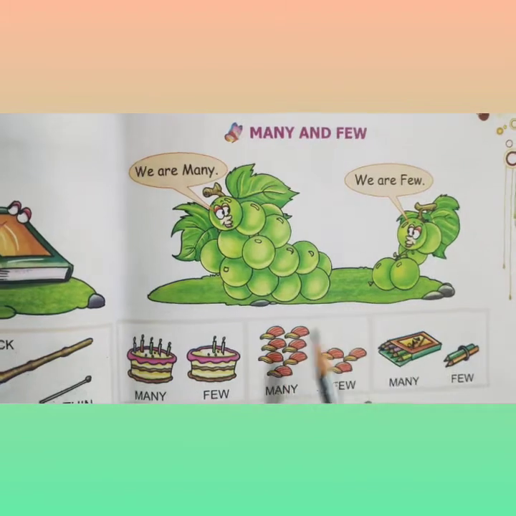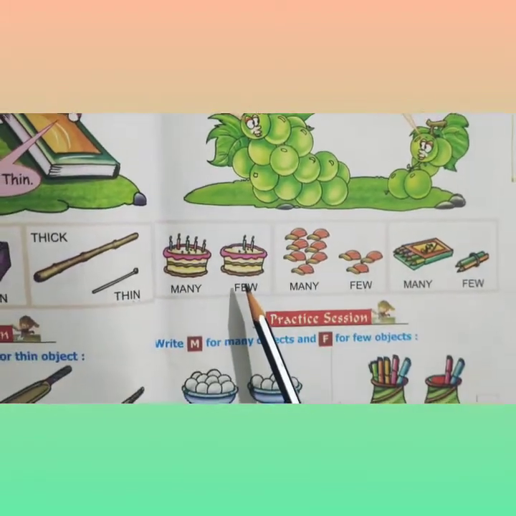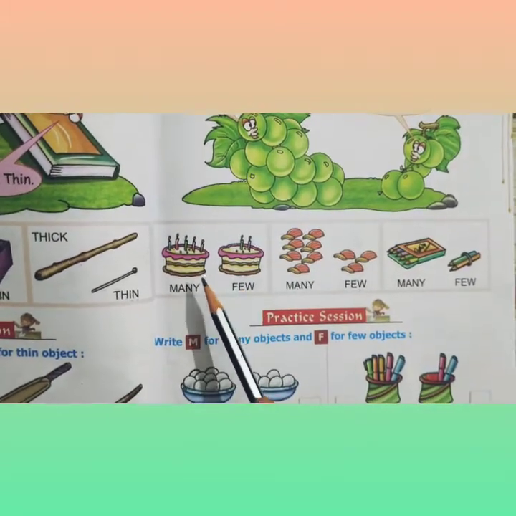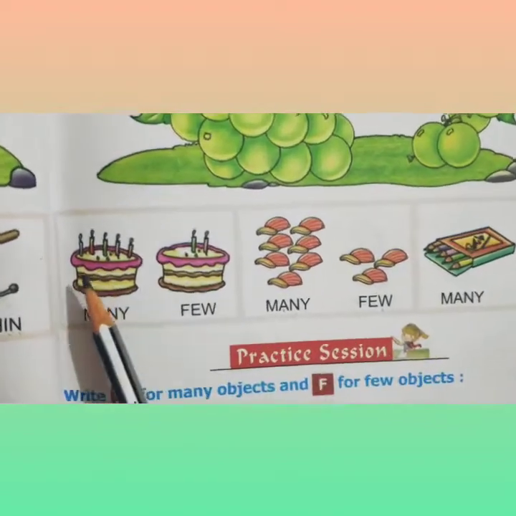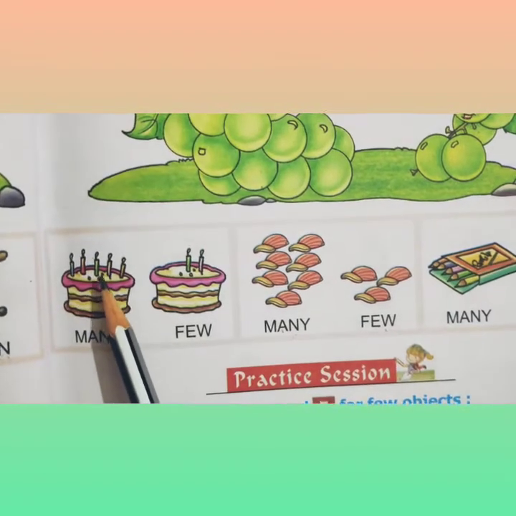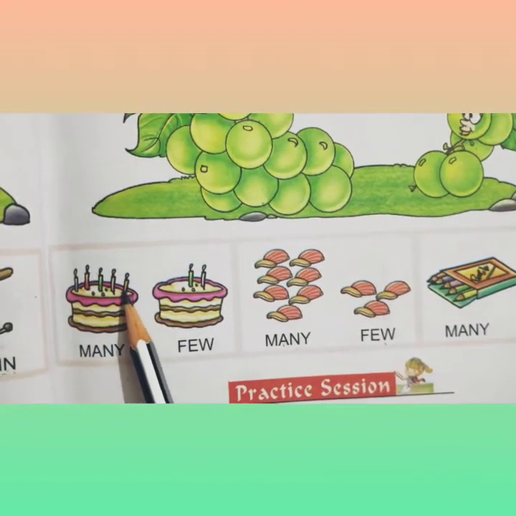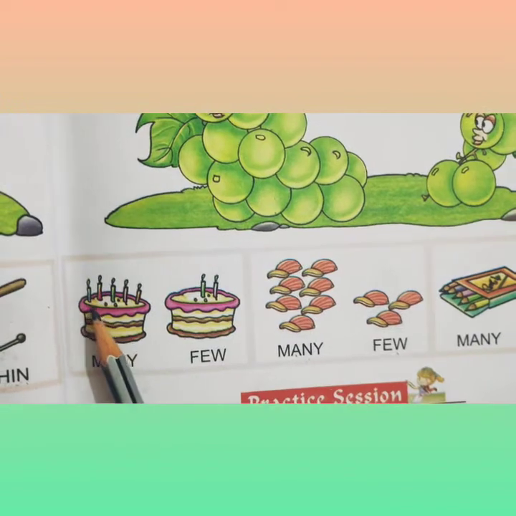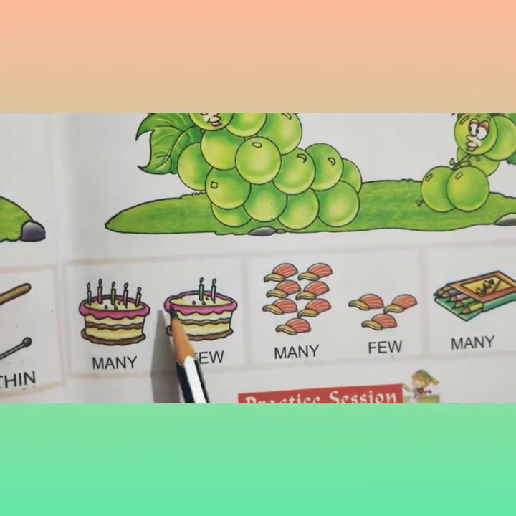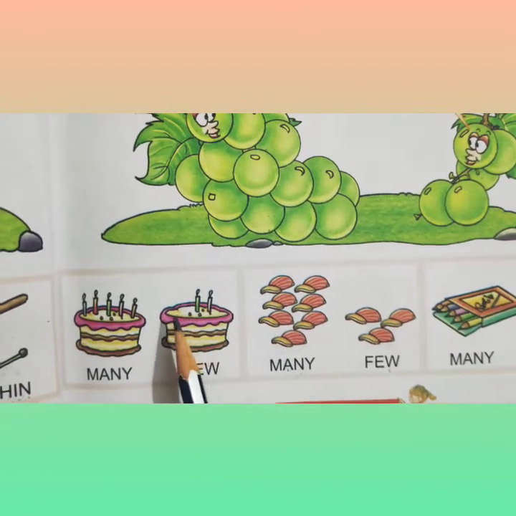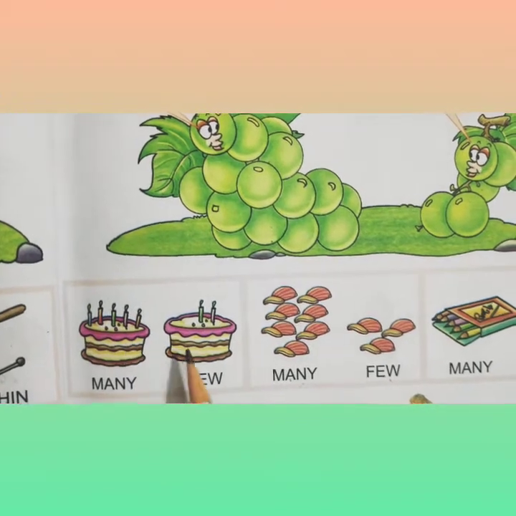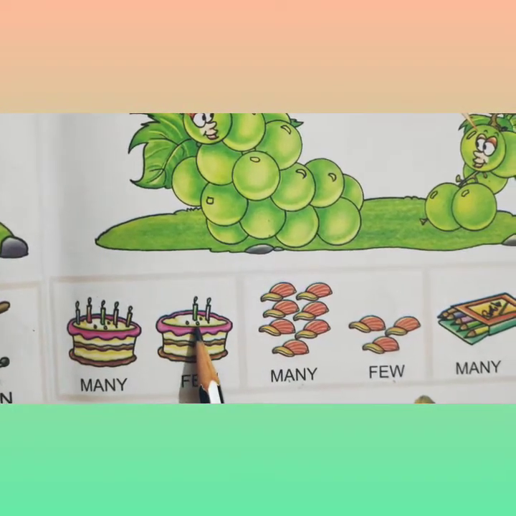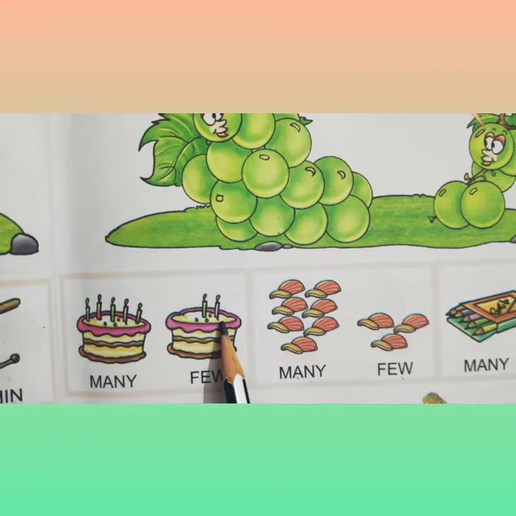Like that, in the first picture, two cakes are given. The first cake has 1, 2, 3, 4 and 5. The first cake has 5 candles and the second cake has only 2 candles. So we can say the first cake has many candles and the second cake has few candles.